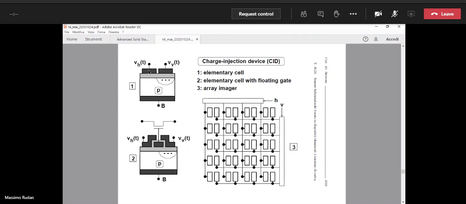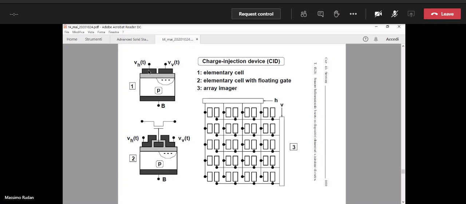In principle, we can repeat this operation several times. So it is possible by operating on the two gates to shift the charge packet from right to left and vice versa, more than once, okay?